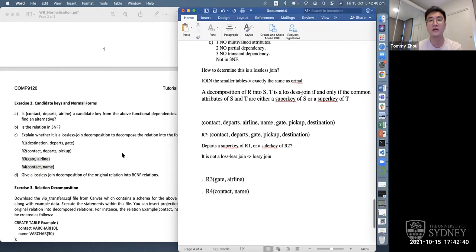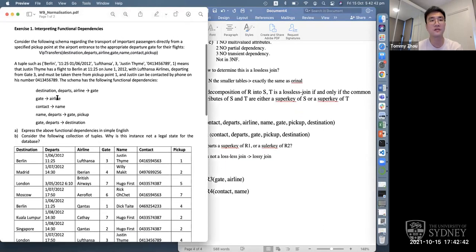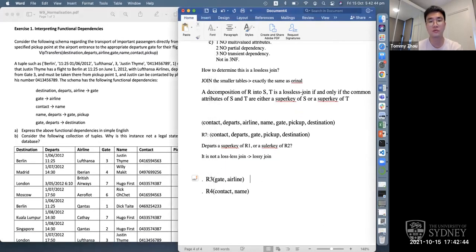Again, why? Because based off FD2, we can get R3, and based off FD3, you would get R4, right? And the next question we're going to ask is, if you want to decompose R7, what is the FD you're going to use to decompose it?